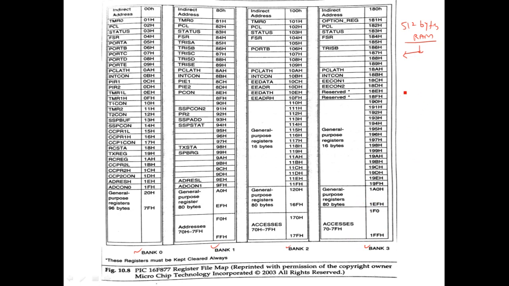To address 512 bytes, you require in all 9 bits. So 2 raised to 9 is 512, and therefore the address is a 9-bit address.